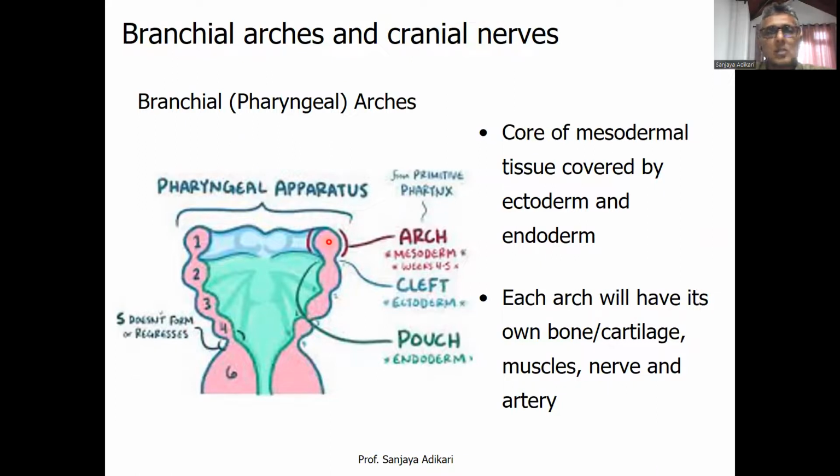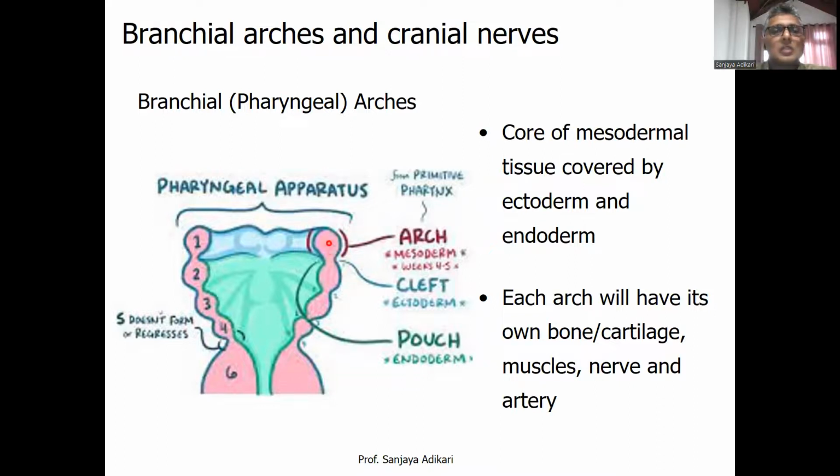So what are the mesodermal structures? You get either bones or cartilages or muscles. And the important thing is, forget about the endoderm and ectoderm for now. If you take the mesodermal core, structures developing from the mesodermal core, especially the muscles, are supplied by arch nerve and arch artery.